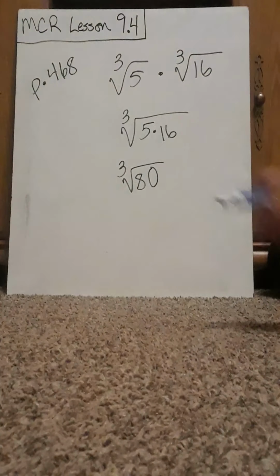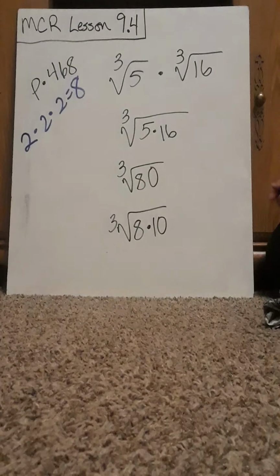An example of that would be 8. 8 is a perfect cube because you can write it as 2 times 2 times 2. If you can write it as something times itself 3 times, then it's a perfect cube. So 8 is a very common perfect cube, and it's also a factor of 80. So to simplify this, we break 80 down into its factors of 8 and 10.